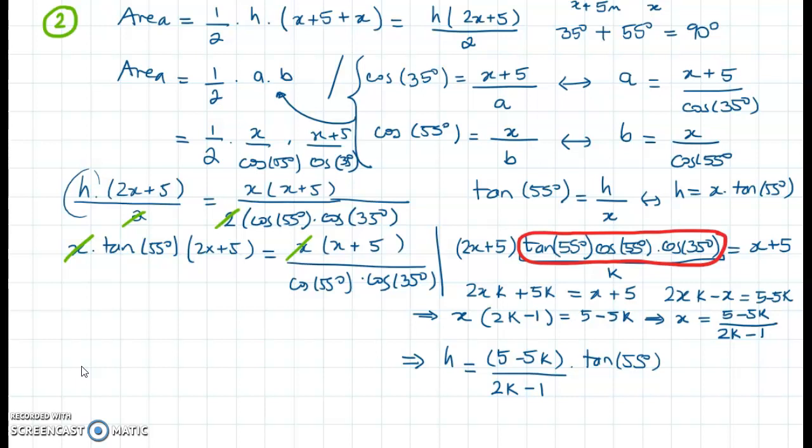And then at the end, when you're finding the value of h and you are entering the values in the calculator, you're going to have to write all of this instead of writing k. So we have here the second way of solving this problem, this time noticing that the whole triangle is a big right angle triangle and finding the area of that triangle in two different ways.